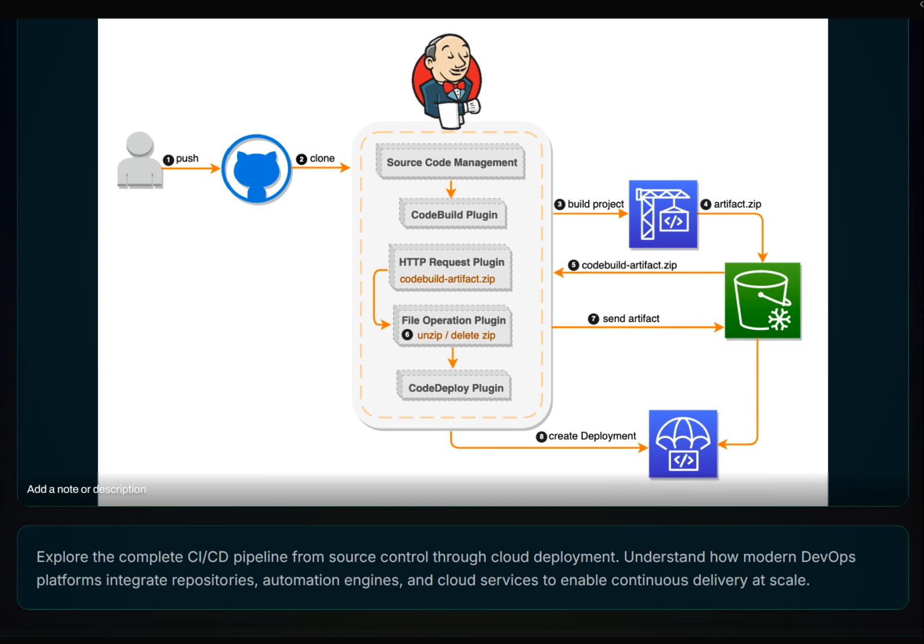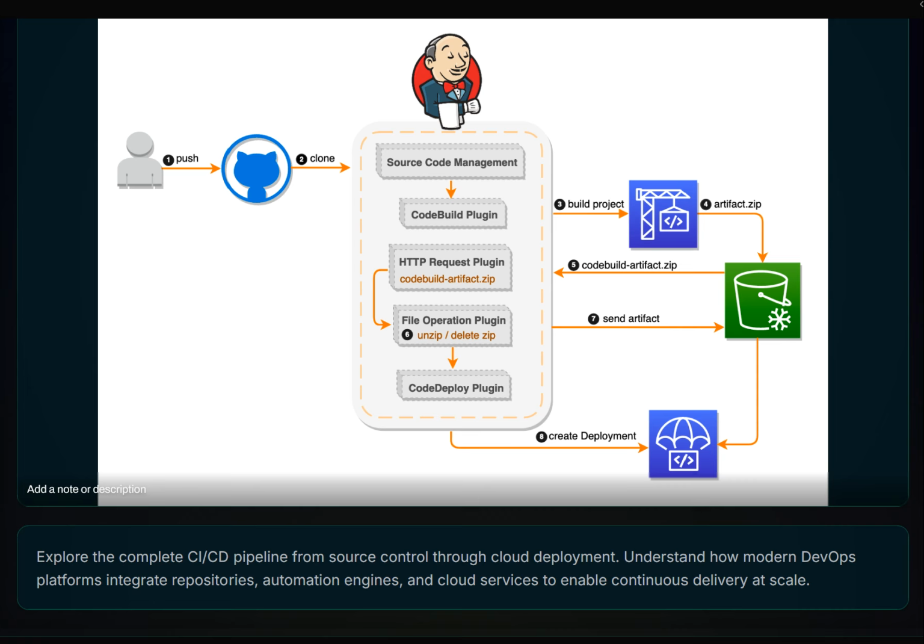today's video, I'm going to explore some modern development process strategies which have changed over the time frame. So we're going to explore the complete CI, that means continuous integration, and CD, continuous deployment pipeline, from source control.